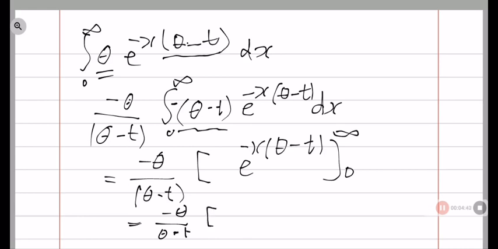This will be e to minus infinity minus e to 0. E to minus infinity equals 0, and e to 0 equals 1, so it will be theta divided by theta minus t, and this is the moment generating function of the exponential distribution.